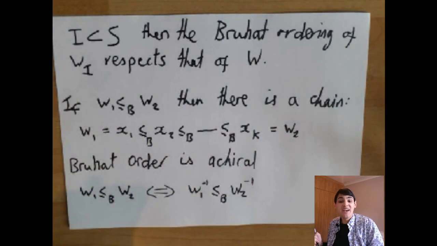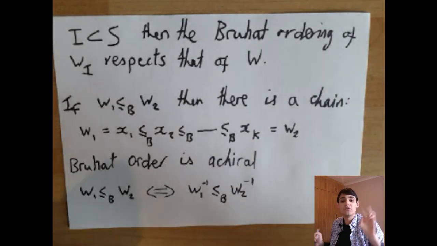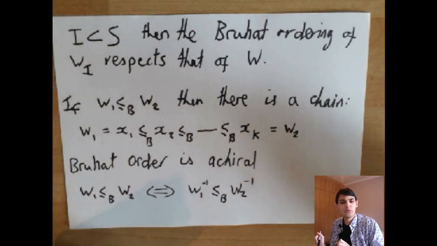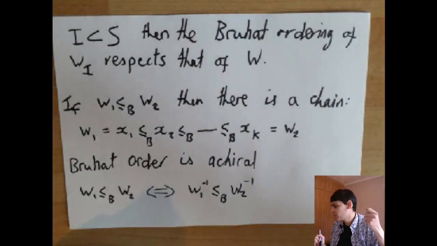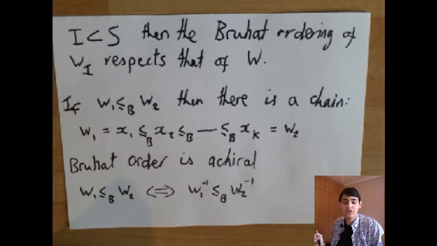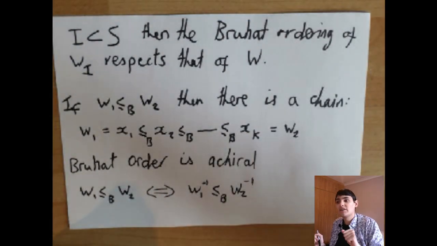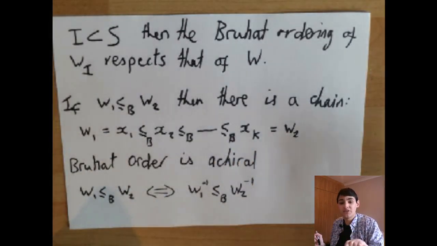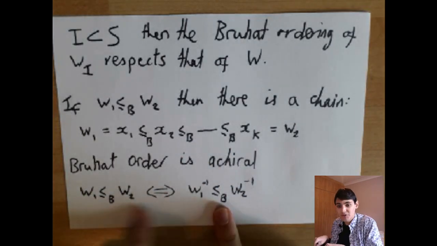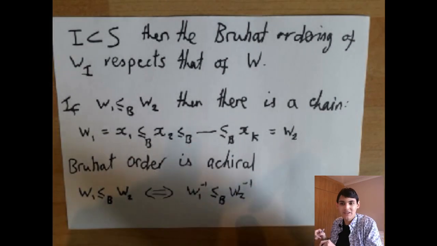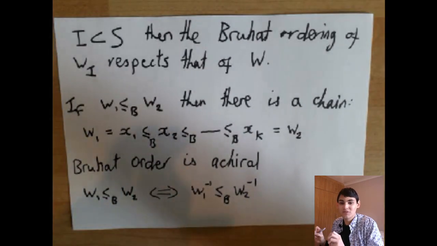Because if we take less than or equal to in the real numbers, then if you've got, say, 2 is less than or equal to 10, and you take the inverses, that reverses the partial ordering. You end up with 1 over 10 is less than or equal to 1 over 2.